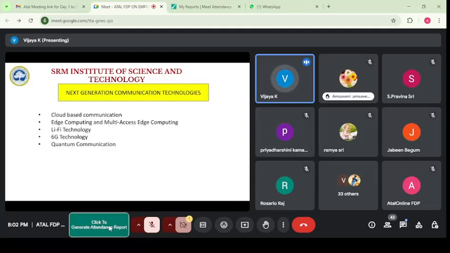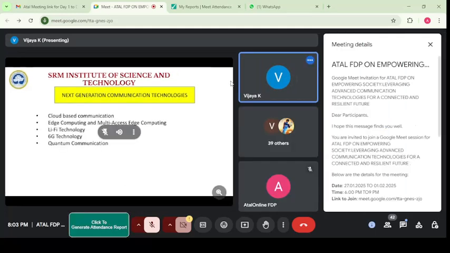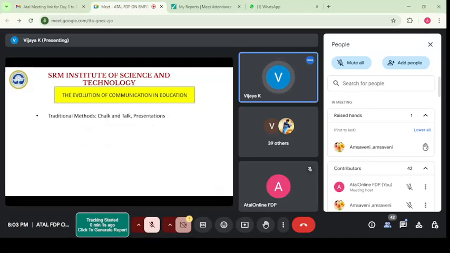But what we are going to be discussing is of education. COVID has made us move to the next level where digital transformation has taken place to a great extent.